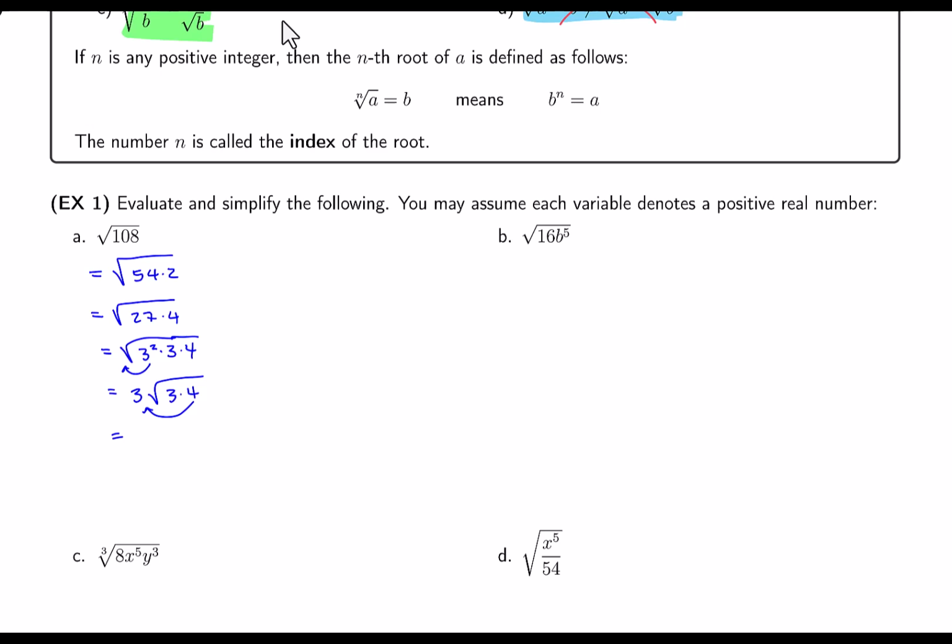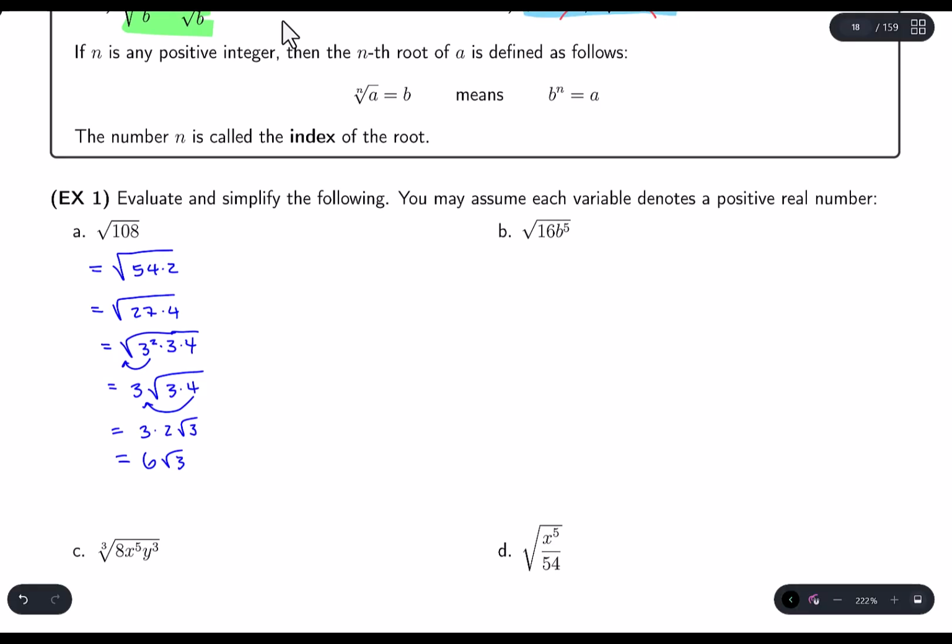Everything's multiplied, but this would end up being 3 times 2 times the square root of 3, which would be 6 square root of 3. Now, if you recognized 108 as some number times 3, you would have seen that perfect square right off the bat. You would have done this in one shot. However, not everybody sees them immediately. You can kind of break them down bit by bit is the whole point. But you can reduce them.